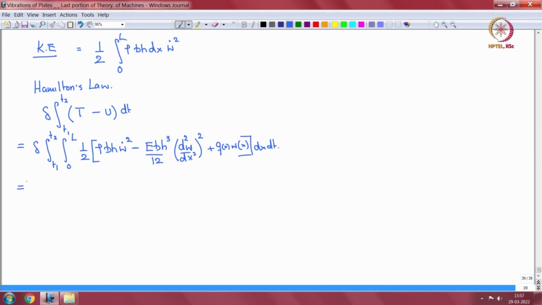Now if we take the variation of this inside, it's a linear operator. If I take the variation, what happens?